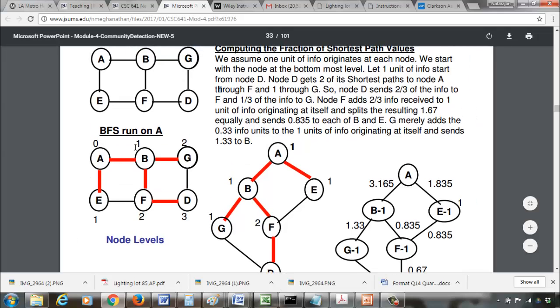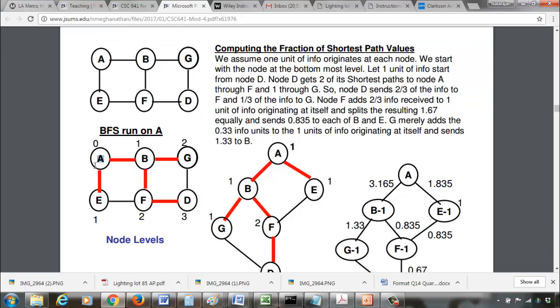You start with, say, here from A. So A is said to be at level 0, and from A we can reach B and E with one hop. So B and E are said to be at level 1. From B we can reach F and G. So these two are at level 2, and we highlight those edges which we call tree edges, that are used to reach a vertex for the first time on the shortest path.